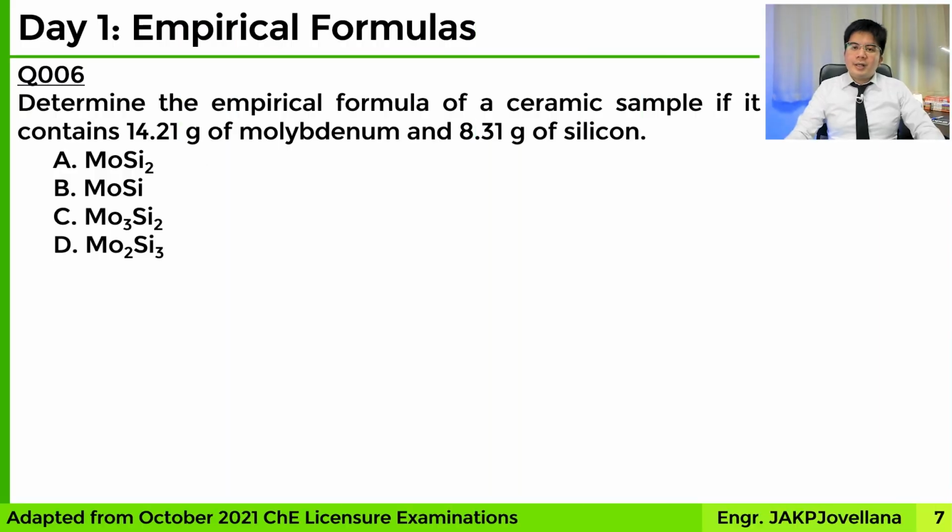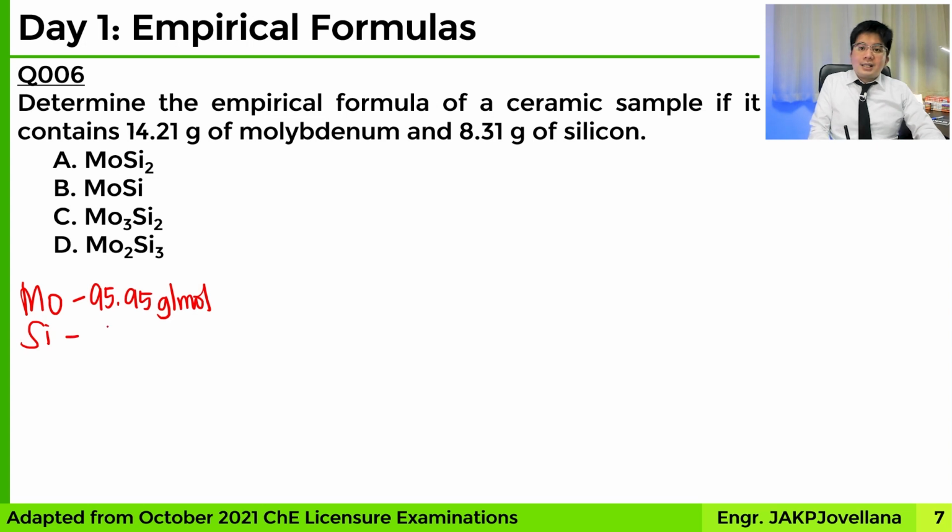To solve this problem, we first take note of the molar masses of molybdenum and silicon. From the periodic table or the Perry's Chemical Engineering Handbook, molybdenum has a molar mass of 95.95 grams per mole, and silicon has a molar mass of 28.09 grams per mole.